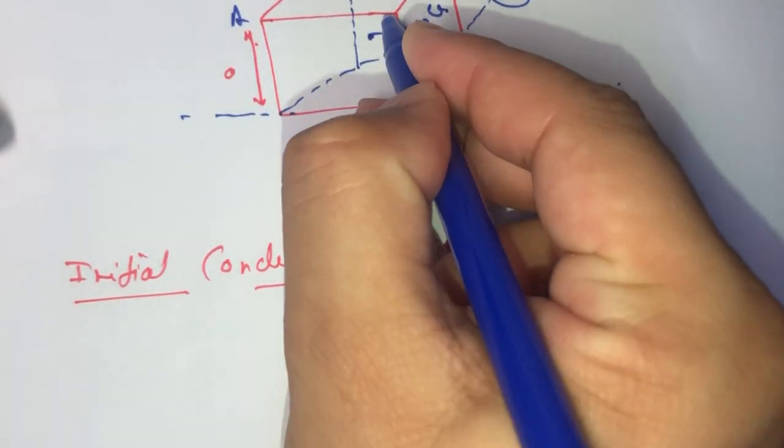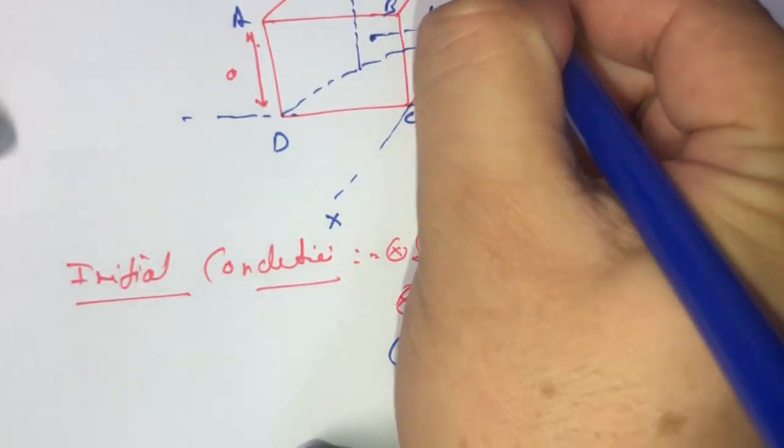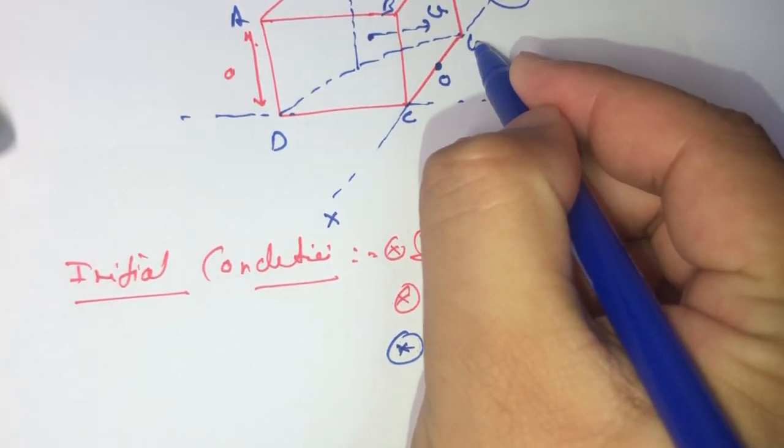This is A, this is B, C and D, then this is E, F and G and H.